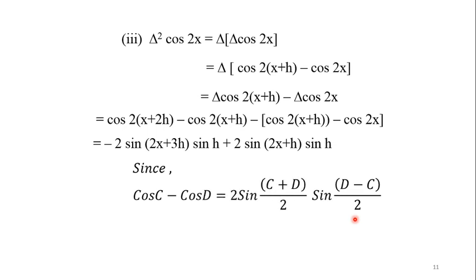By using the trigonometric identity cos c minus cos d equals 2 into sine of (c plus d) upon 2 into sine of (d minus c) upon 2, you will get these values after substitution. So sine hyperbolic h minus 2 is common, and the remaining terms are sine of (2x plus 3h) minus sine of (2x plus h) inside the second term.